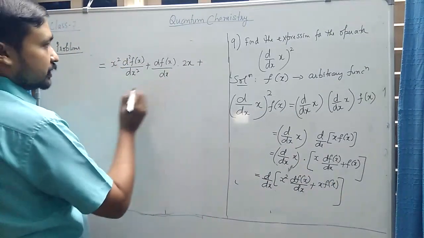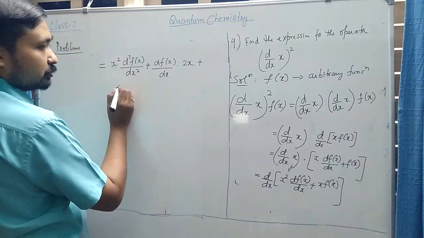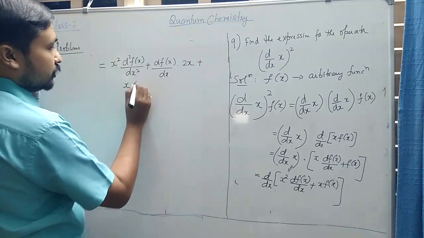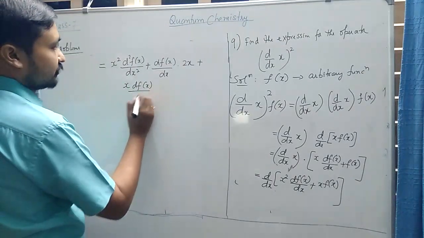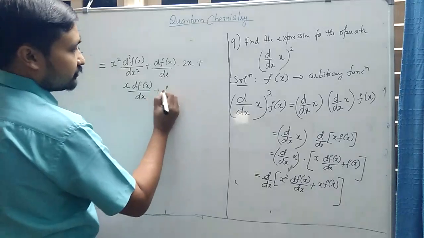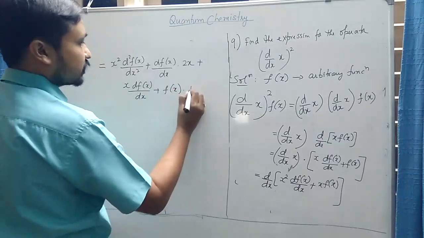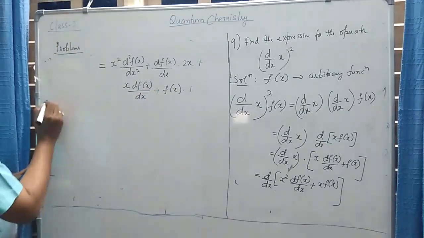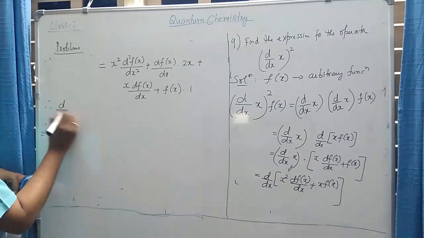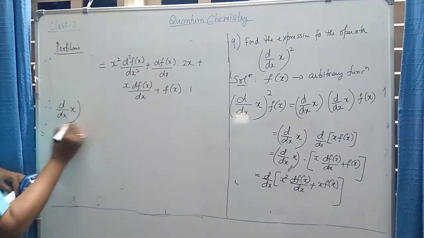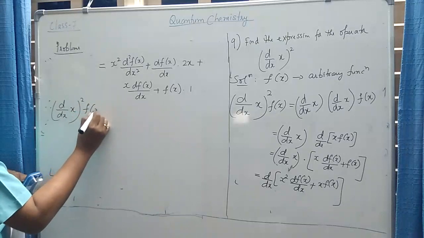So again we have to apply the multiplication rule of differentiation. So plus first function into differentiation of second function plus second function into differentiation of first function, that is 1. So let me write the LHS, that is (d/dx · x)² of f of x.